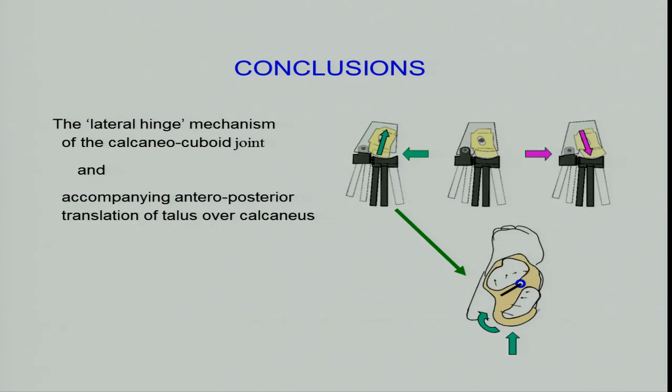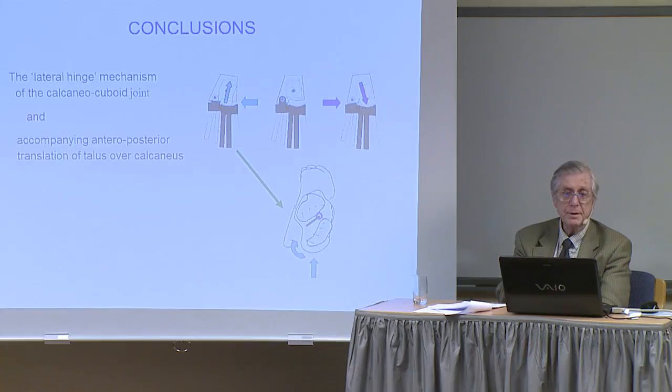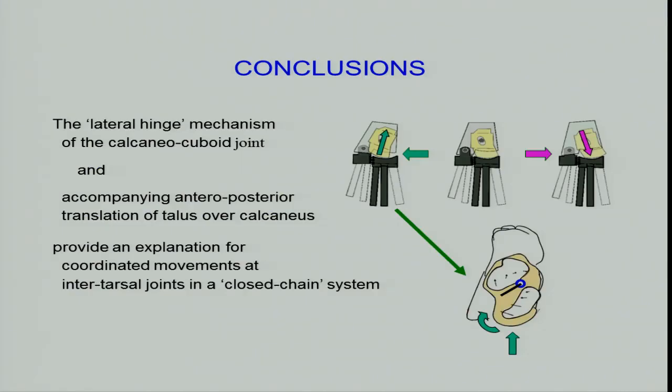So the lateral hinge mechanism of the calcaneo-cuboid joint explains the antero-posterior translation of the talus over the calcaneus. Provides an explanation of the coordinated movements at the intertarsal joints in a closed chain system.